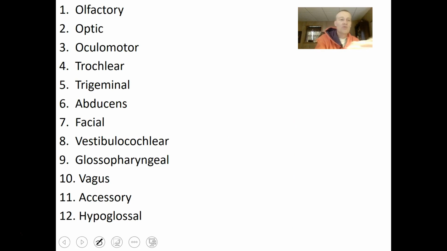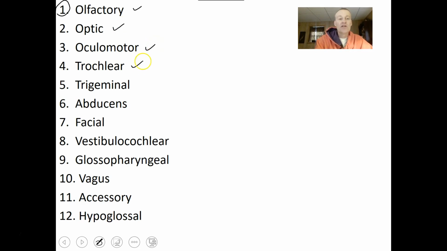So these are the names of the cranial nerves. You should know what cranial nerve number 1 is called. And what I'll do here is tell you their names so that you can, in your mind, say them correctly. Cranial nerve number 1 is called the olfactory nerve. Cranial nerve number 2 is called the optic nerve. We then have cranial nerve number 3, the oculomotor nerve.